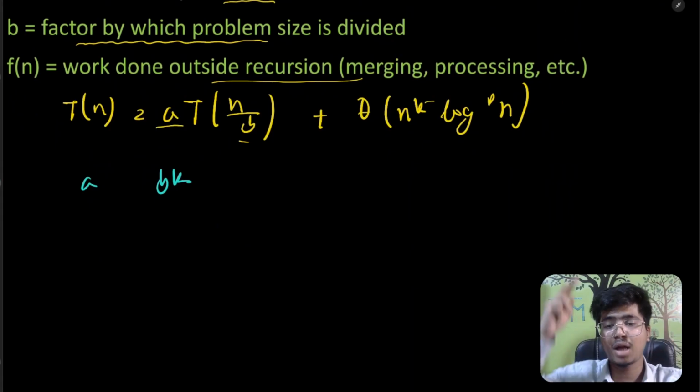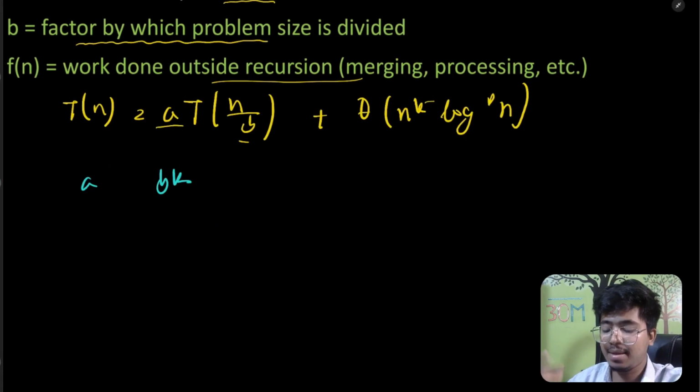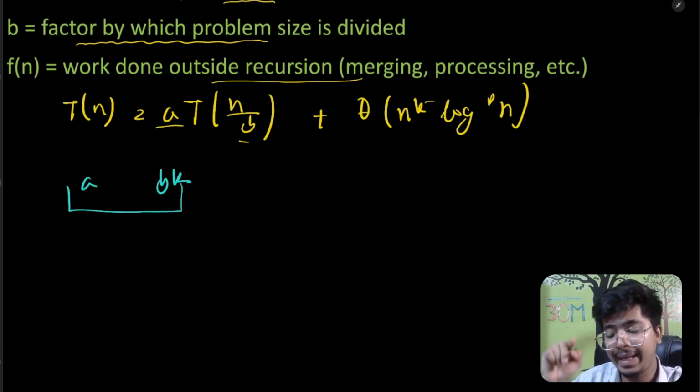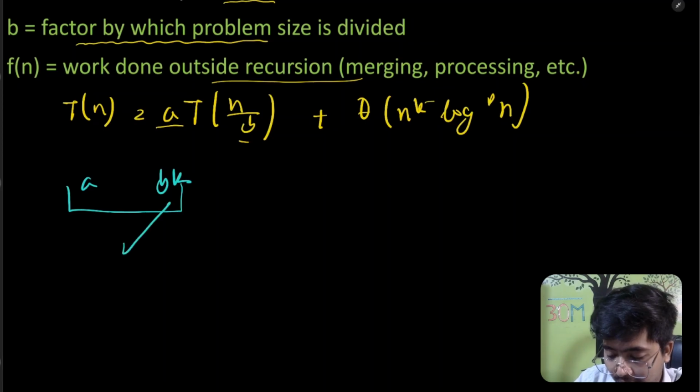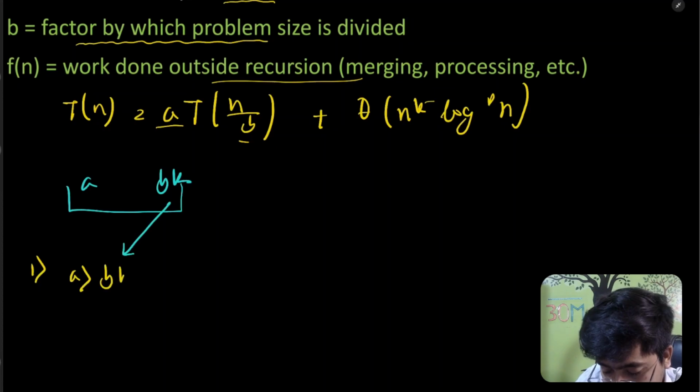This is just a large algorithm, and we want to solve it just by memorization. So based on the conditions, there are further divided formulas. The conditions are based on the comparison of a with b to the power k. Condition number one: a greater than b to the power k.